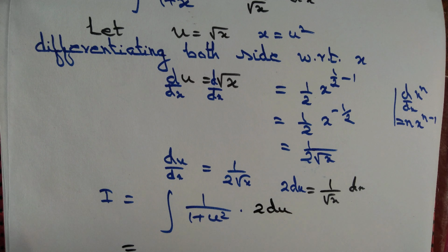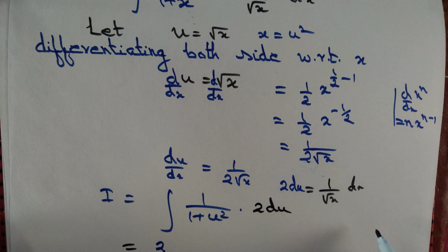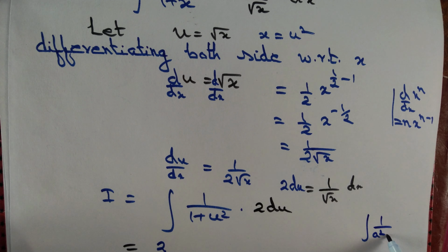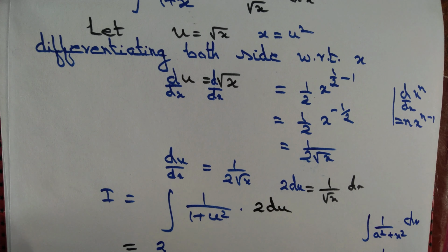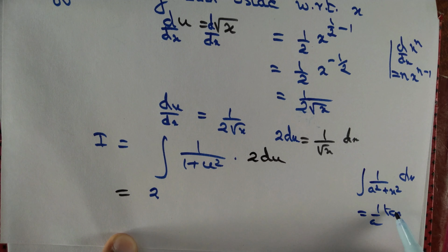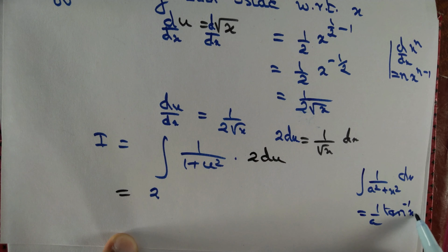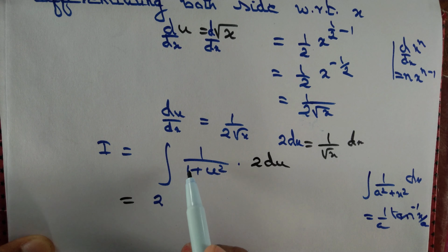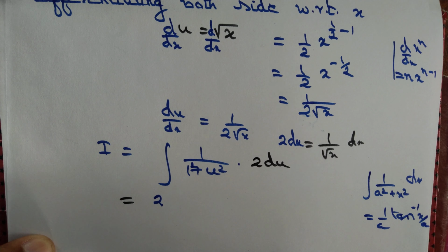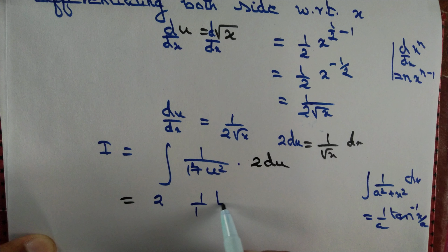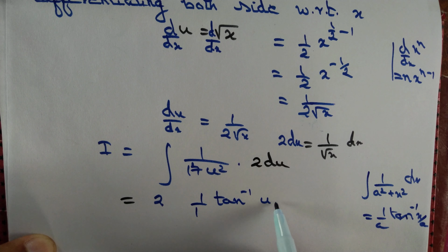Now can we integrate it? Of course yes. It is a standard integral. Integral of 1 by x square plus a square dx is 1 by a tan inverse of x by a. Let's apply that. So 2, that's a constant, we took it out. Integral of 1 by 1 square plus u square du is 1 by 1 tan inverse of u by 1.